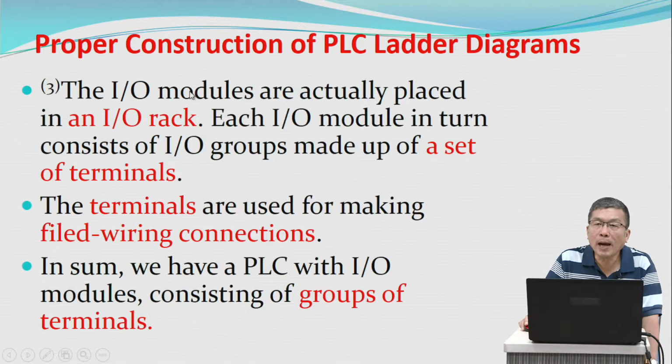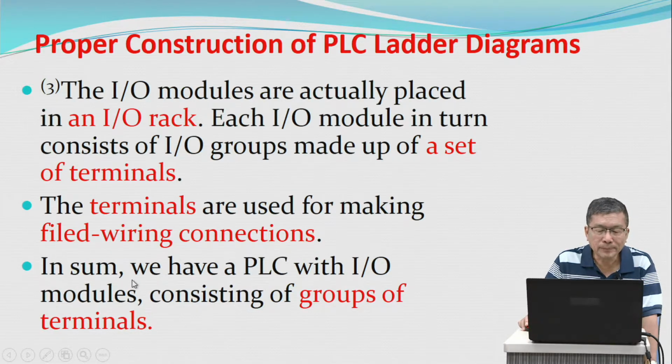The I/O modules are actually placed in an I/O rack. Each I/O module in turn consists of an I/O group made up of a set of terminals. The terminals are used for making field wiring connections.